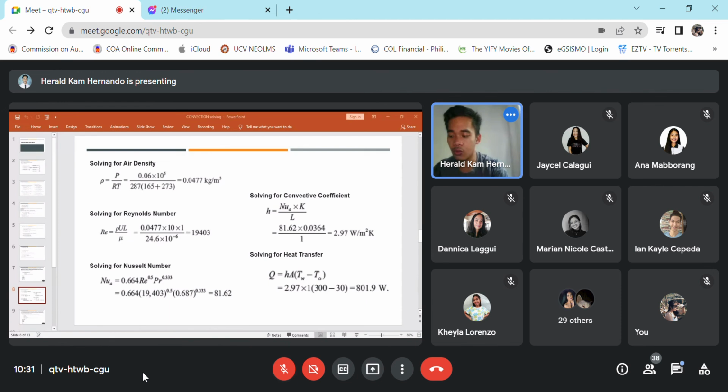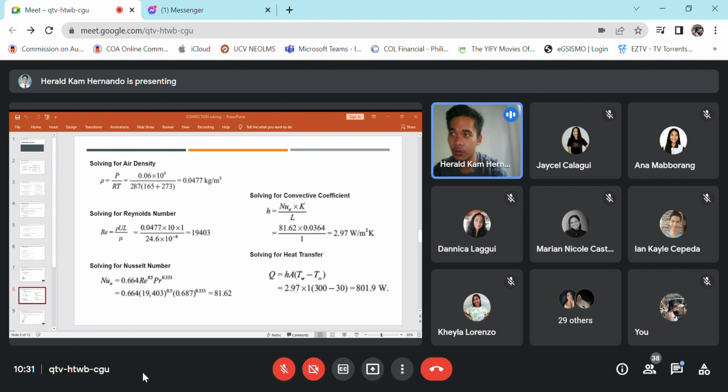So that is 6,000 Pascal. From Pascal, we convert to Newton per square meter, where Pascal is equal to Newton per meter square. And the Joule in the gas constant R is equal to Newton meter.